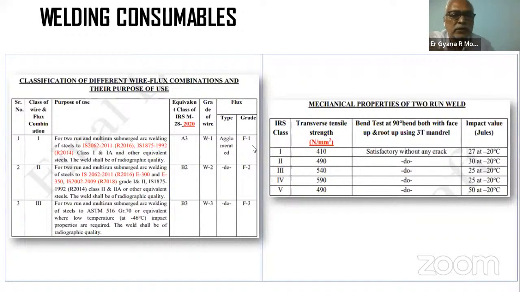These are the different welding rods and their classifications as per the IRS P1. So when you buy a wire or when you buy a flux, you mention what flux and where you will be going. It will depend on what type of welding you are using, what the class and purpose of use is, and depending on the class, what quality of the weld has to be there.